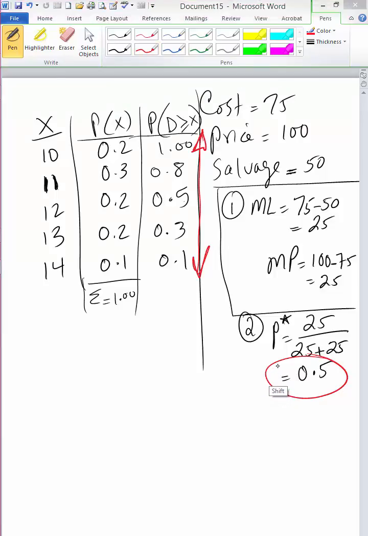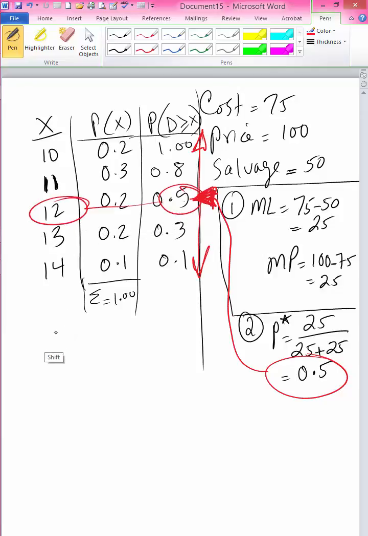And the 0.5 is exactly equal to an entry in this column, and that belongs to this quantity. So Q star is 12.